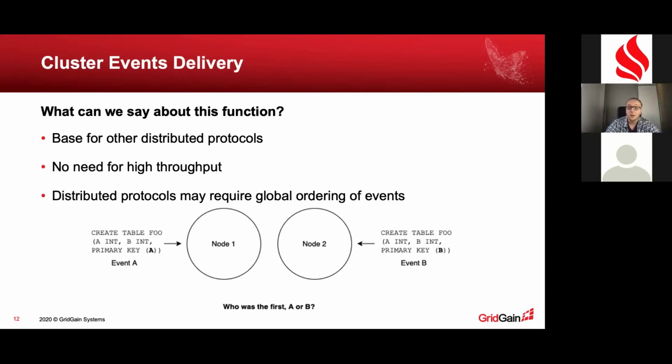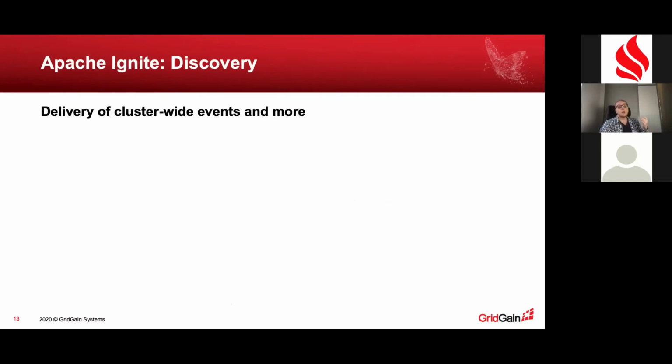So how does Apache Ignite implement this, and how does it deliver cluster-wide messages? For that, Ignite has a second networking component, which is called Discovery. Discovery handles all three of the other functions of networking which we have not covered yet.